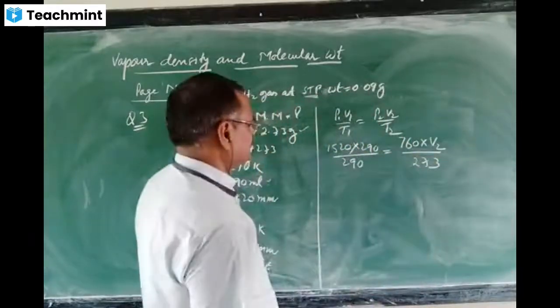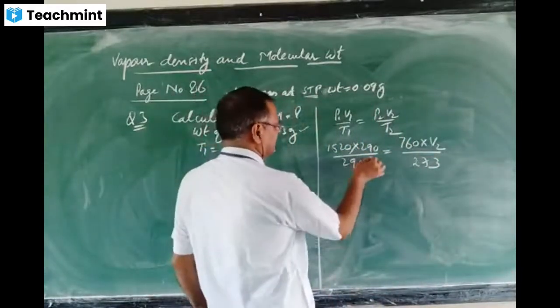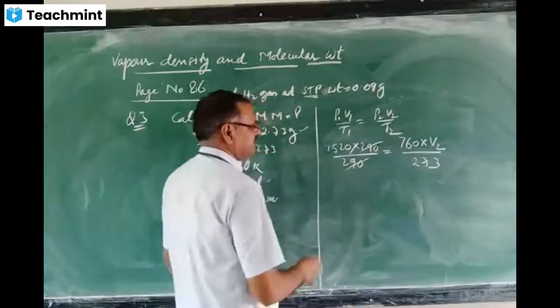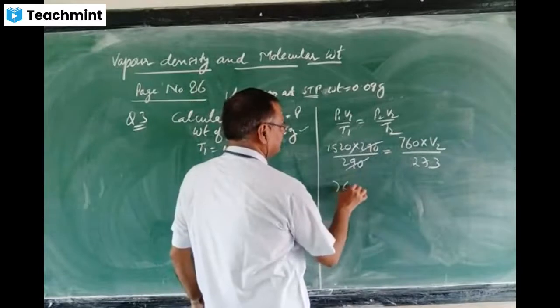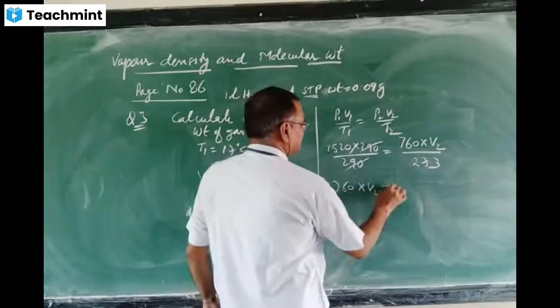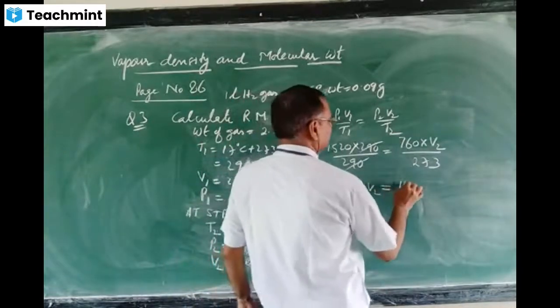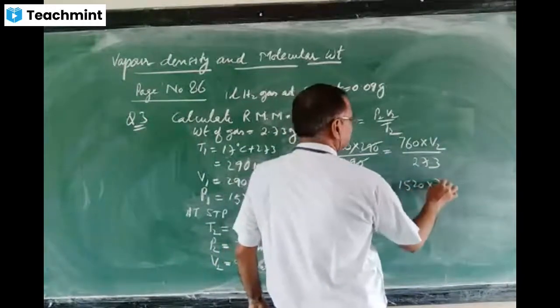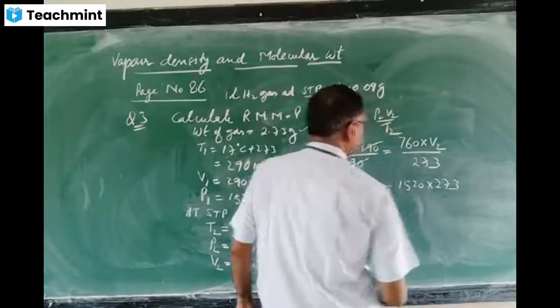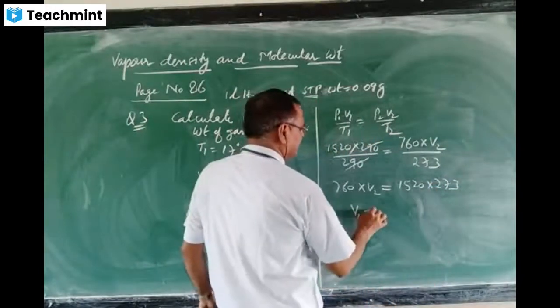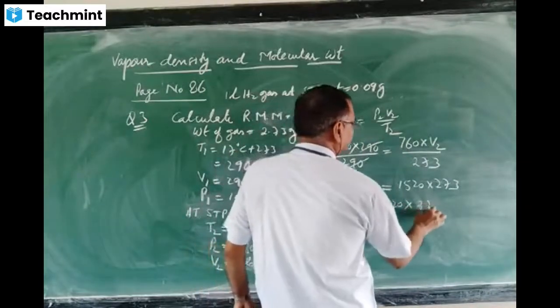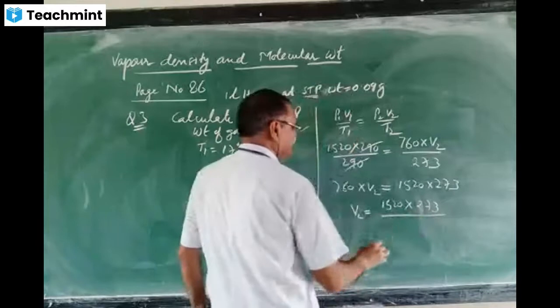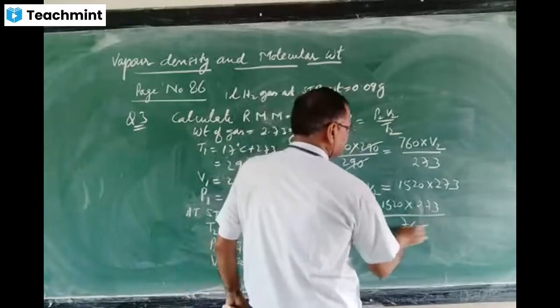So just you see, this 290 will be cancelled. Then cross multiplication: 760 into V2 is equal to 1520 into 273. Then V2 is equal to 1520 into 273 upon 760.